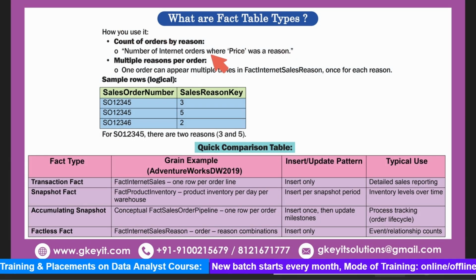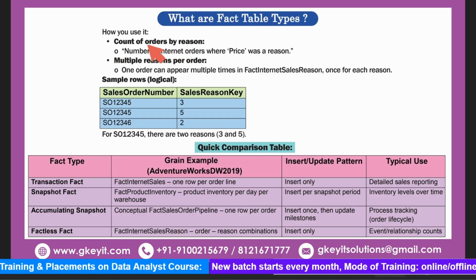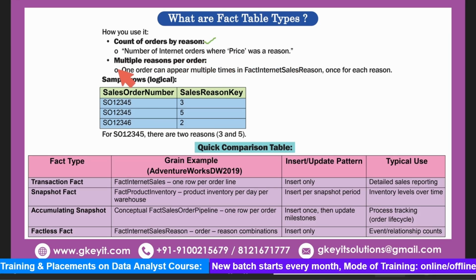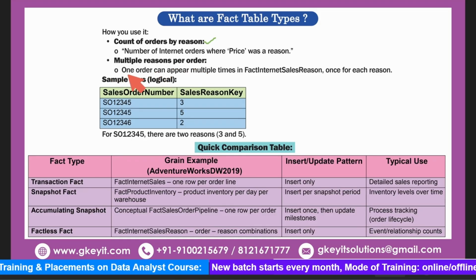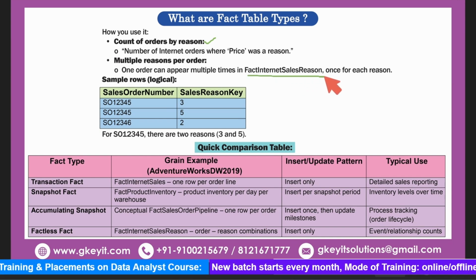And how do you use it? With the factless fact table, you can get the count of orders by a reason, for example the number of internet orders where price was a reason, with multiple reasons per order. One order can appear multiple times in fact internet sales reason, once for each reason.